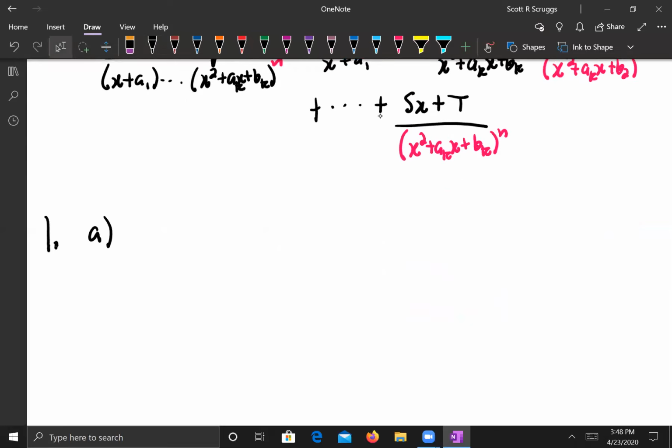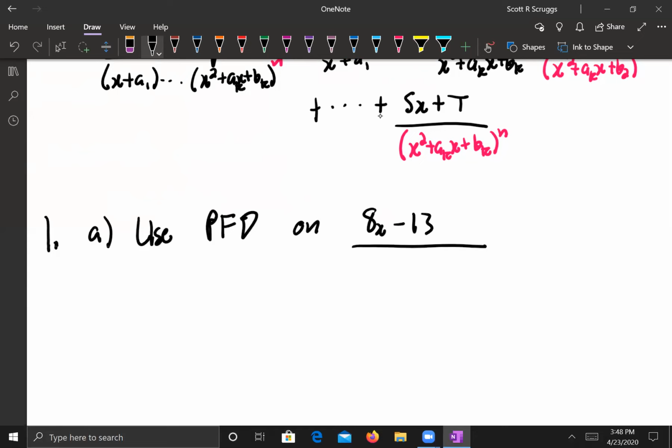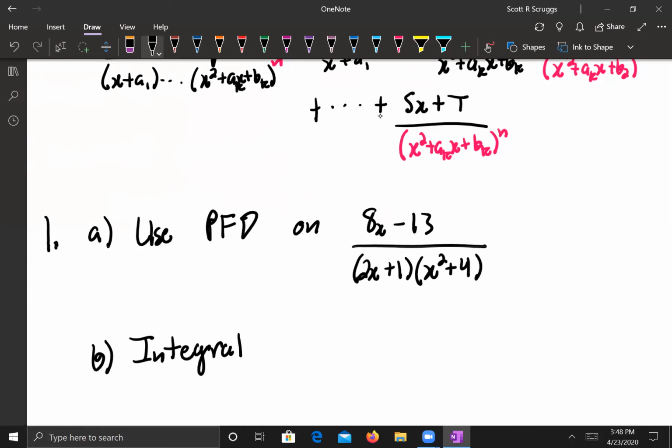So part A is saying, use PFD on the following function: 8x minus 15 over 2x plus 1 times s squared plus 4. And then part B is integrate, which means evaluate what you got after part A.